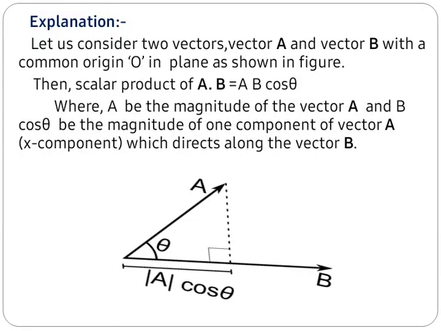Let us consider two vectors, vector A and vector B, with a common origin O in a plane as shown in the given figure.